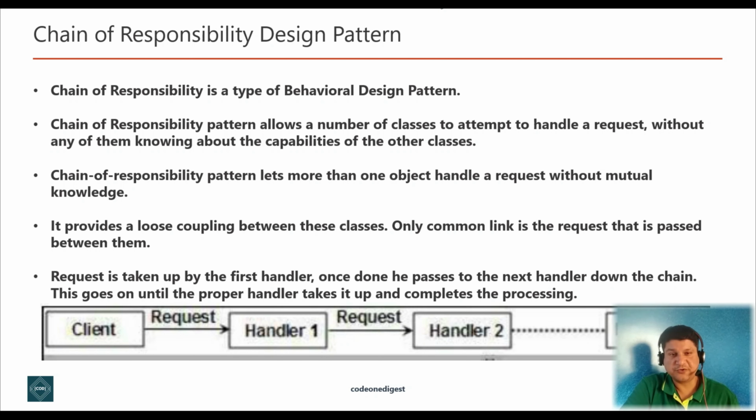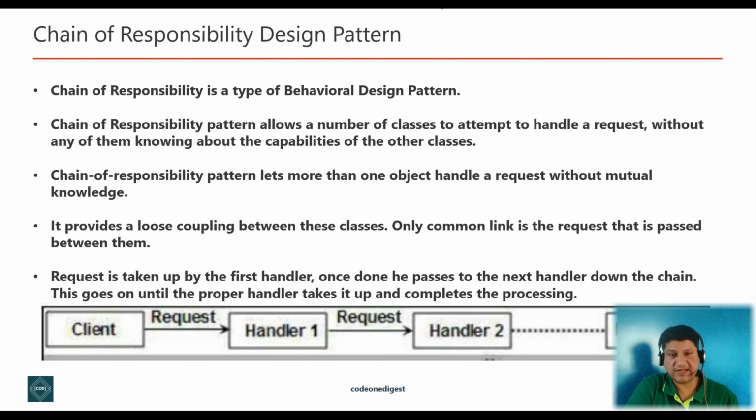The chain of responsibility pattern allows a number of classes to attempt to handle a request without any of them knowing about capabilities of other classes. It provides a loose coupling between these classes. The only common link is the request that is passing between them. Chain of responsibility is used when we have a series of processing.